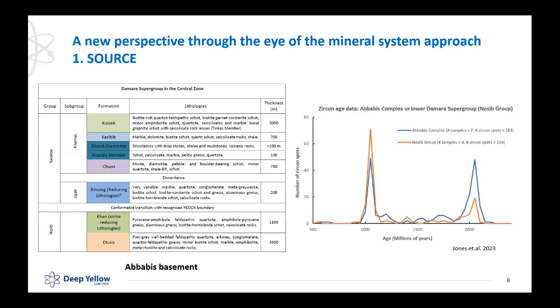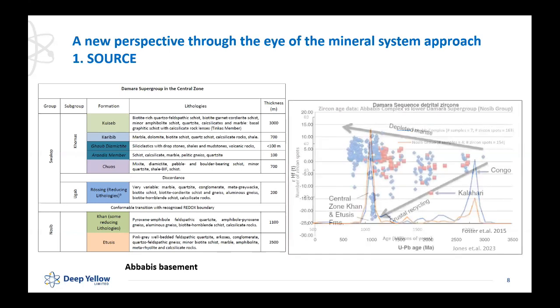I got one diagram from his studies, and the blue is the basement underneath here, and the Nosib group, that's all of that together. There's some compilation of studies of the detrital zircons. We look at that and say, well, we think they're the same. So with other observations, we would include all of that together. It's just a continuation lower in the stratigraphy. There's no pre-Damara basin like what we think there is.